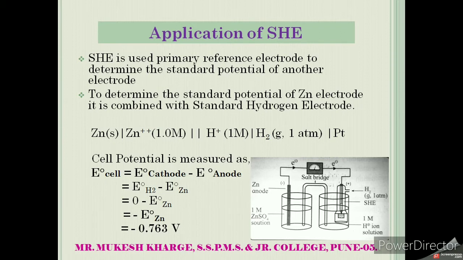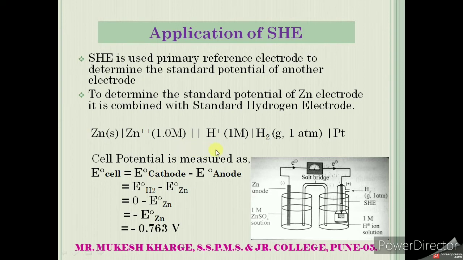Just now we observe that the EMF of this cell is 0.0 volt. So when we combine another electrode whose potential is to be determined, that is combined with SHE. So to determine the standard potential of zinc electrode, it is combined with SHE.